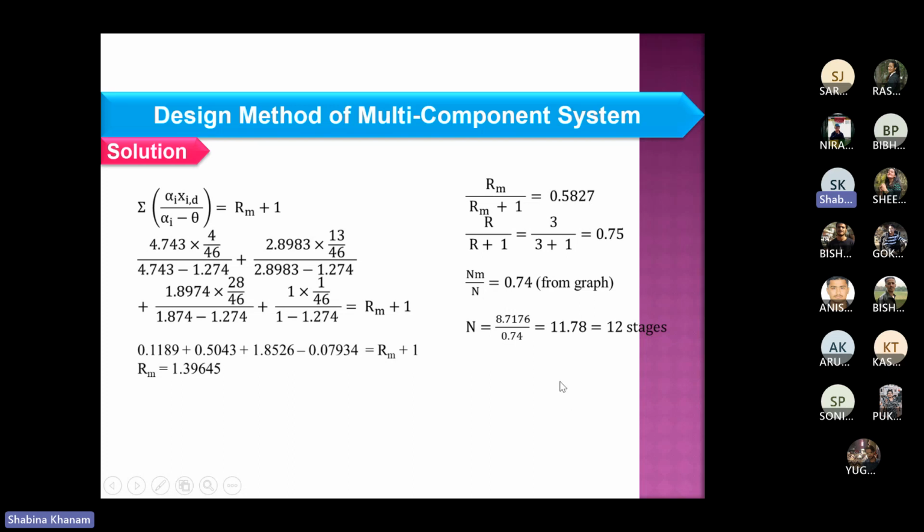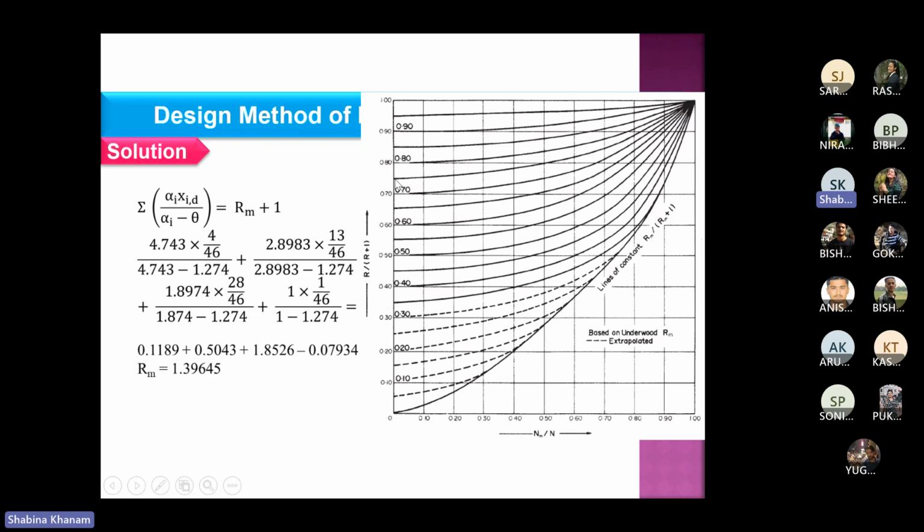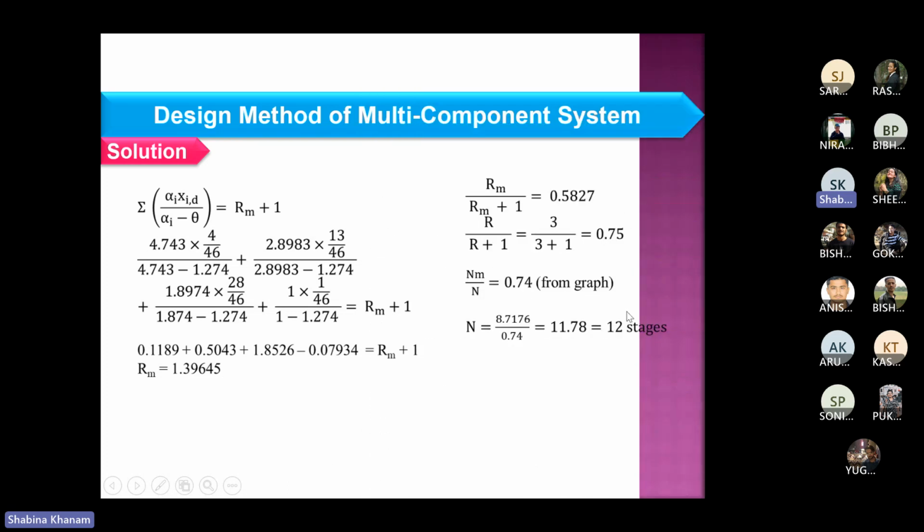Again, from the nm by n graph you can see the value 0.75 should be here, and that value should be 0.58, 0.6, somewhere here it will lie. So you can see the value from the graph.